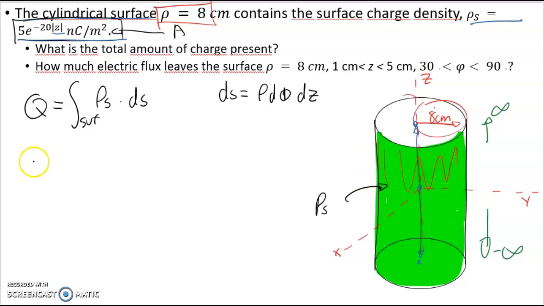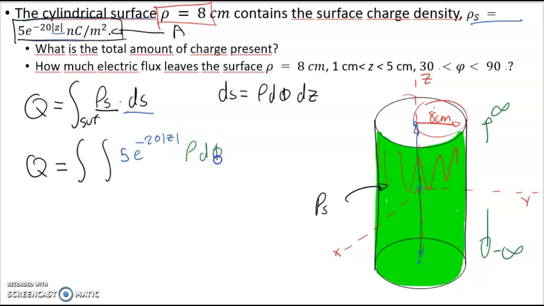We can start replacing: Q equals the double integral of rho s, and my rho s is going to be 5 e to the minus 20 |z|, times the surface differential element, which is rho d phi dz.